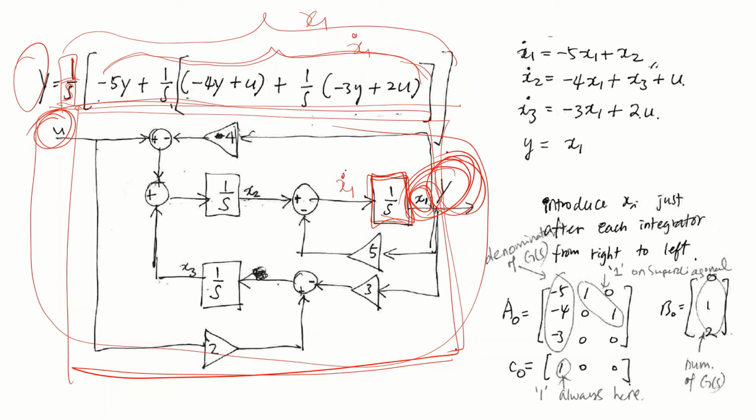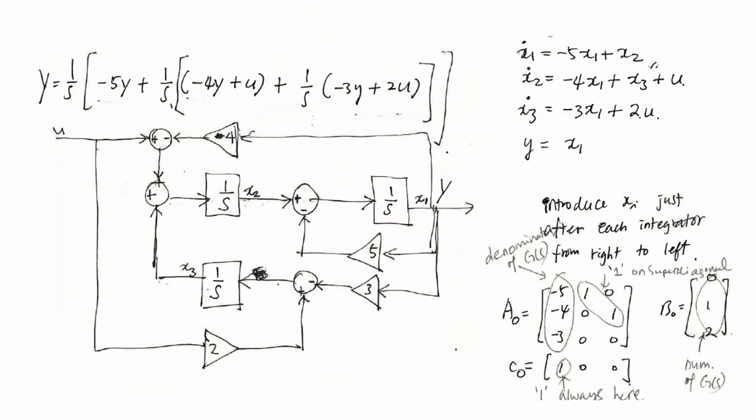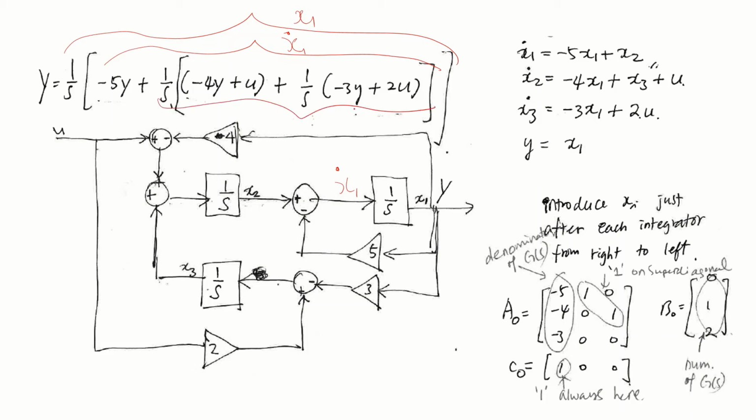Now how do you define x2? Well, x2 is now this one. So this one is x1, and everything that comes after 1 over s will be x1 dot. And now you call this x2.